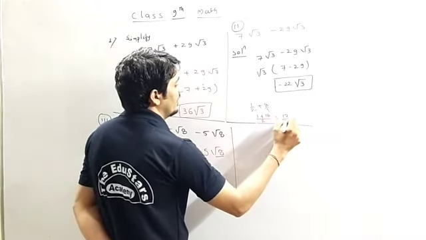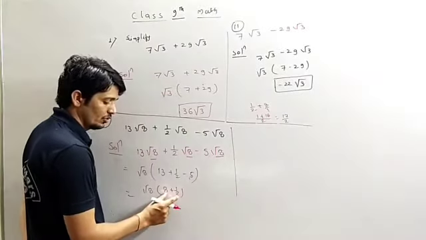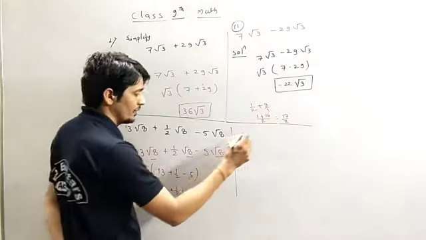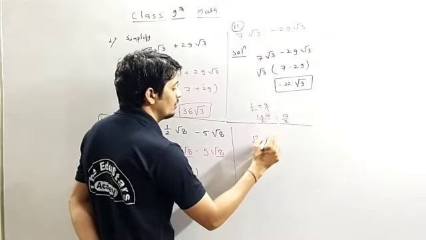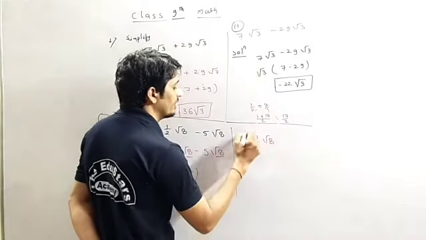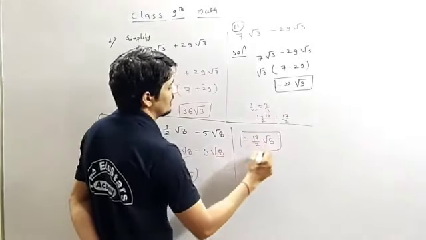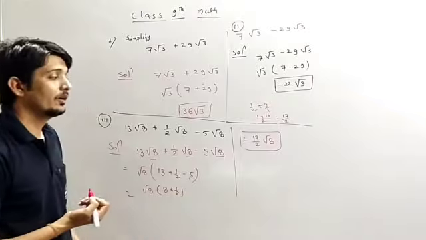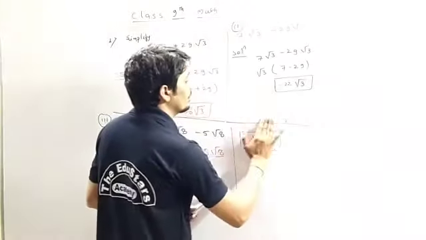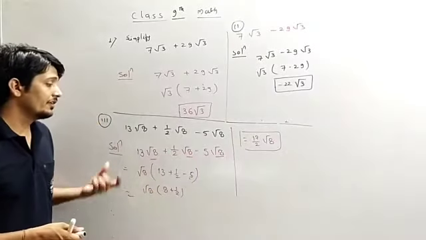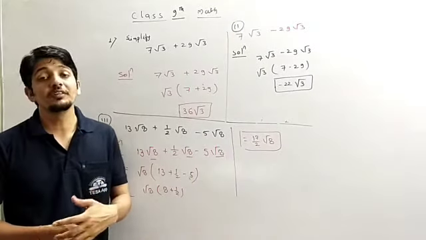So 17 divided by 2 will be the solution for this part. So we can write 17 divided by 2 of root 8 and this will be the answer. Okay. So this is the way you have to simplify the given surds.